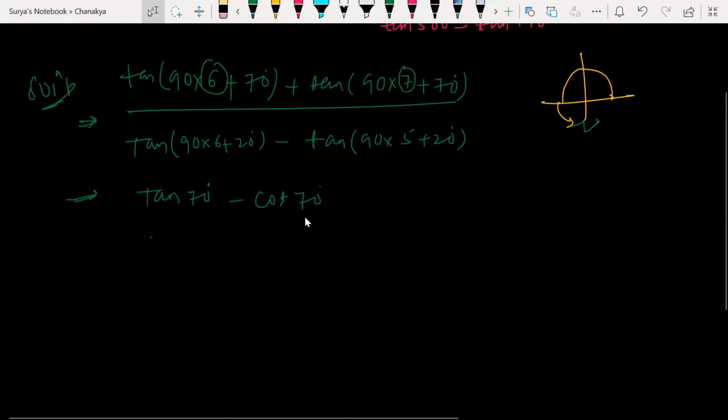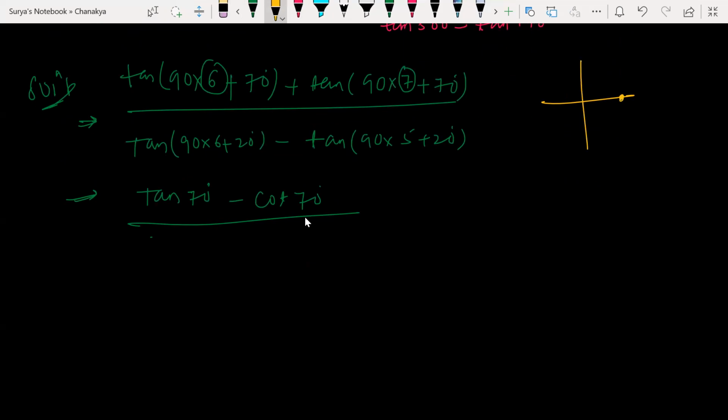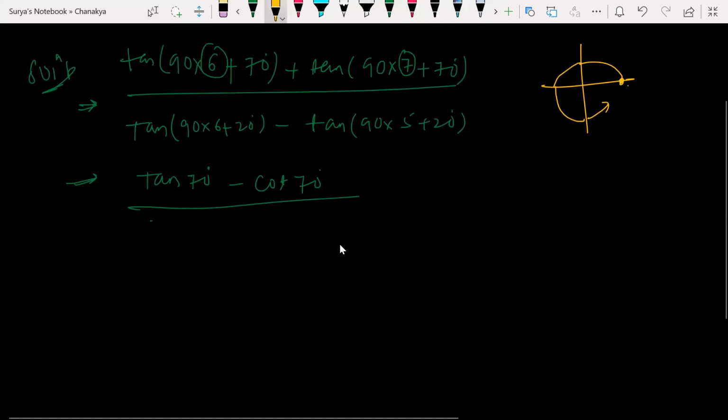Fourth quadrant: cos and secant will be positive, the rest of all functions will be negative.